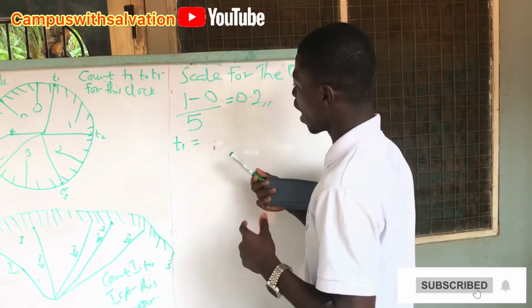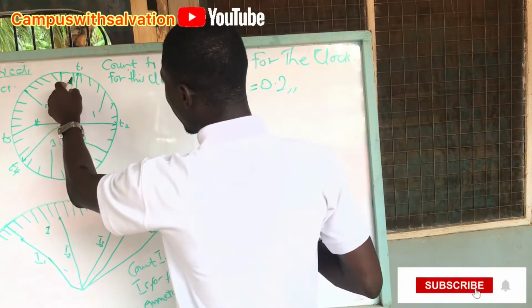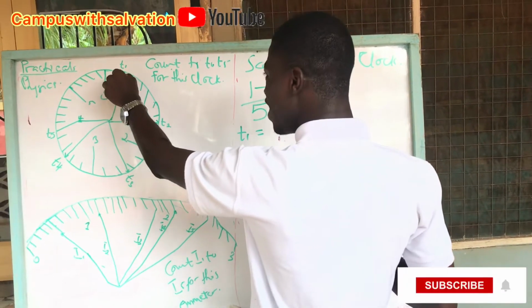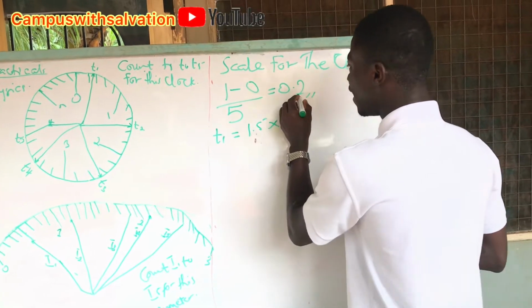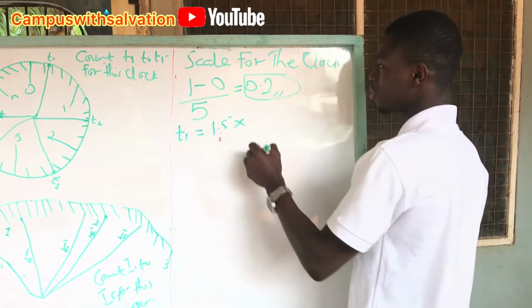So we are counting for T1. The T1 force, or the arrow's force, is in between this. So it's 1.5 times this scale, which is 0.2.